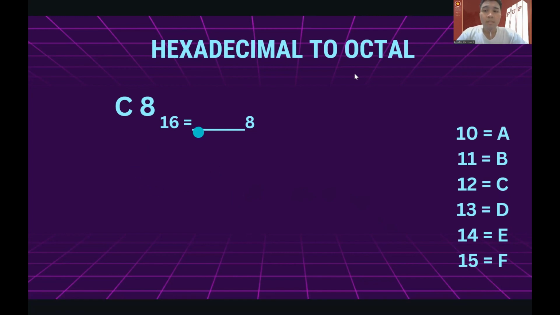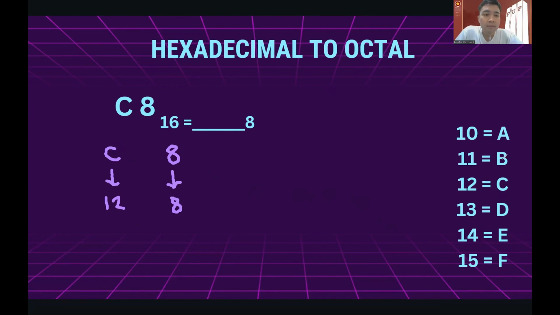So to start, I will just annotate. I will write C here, and we will just find the value of C, which is 12. So I will put 12 here, and 8, I'll write 8 here, since it is not a letter.